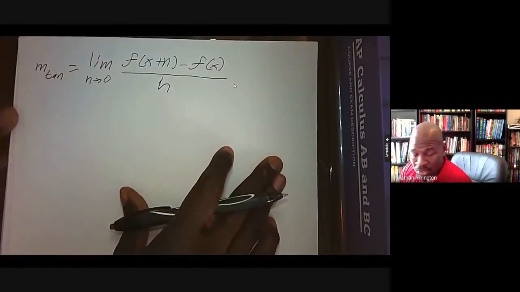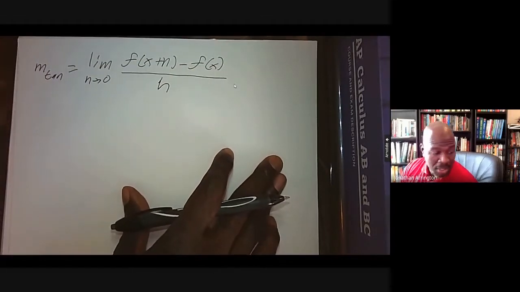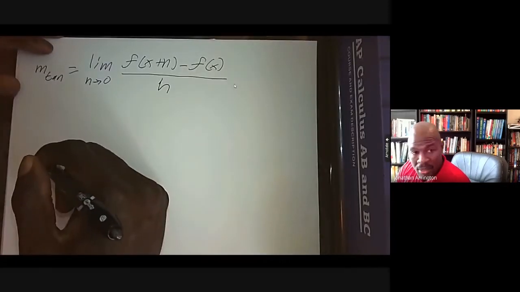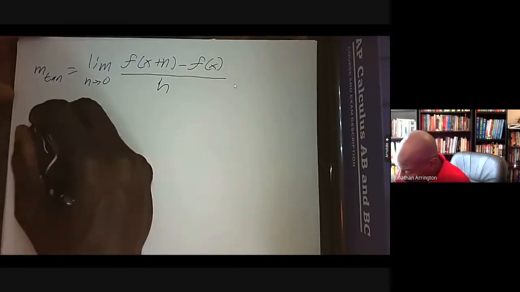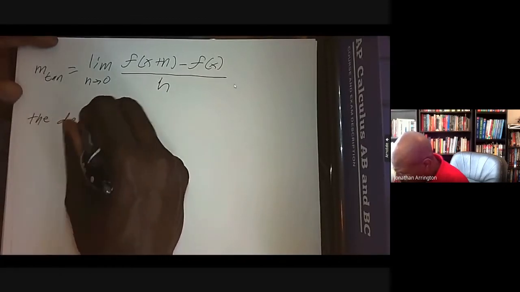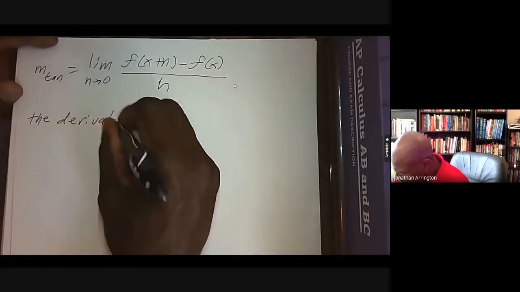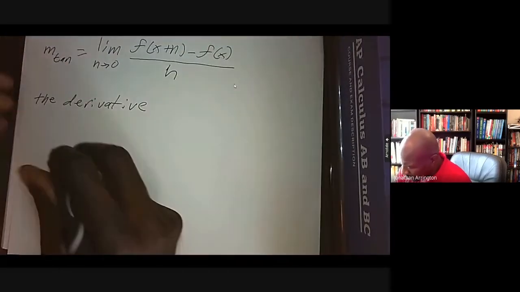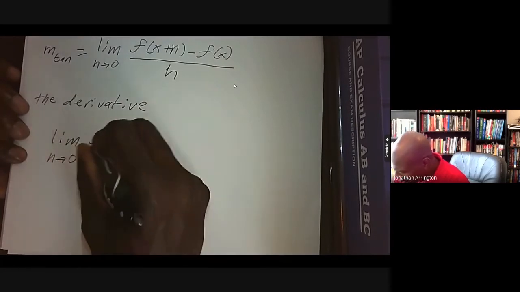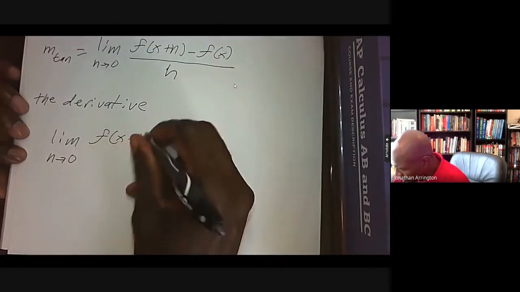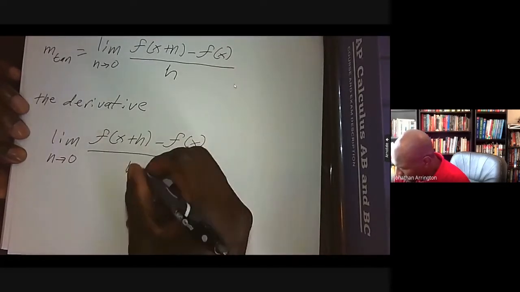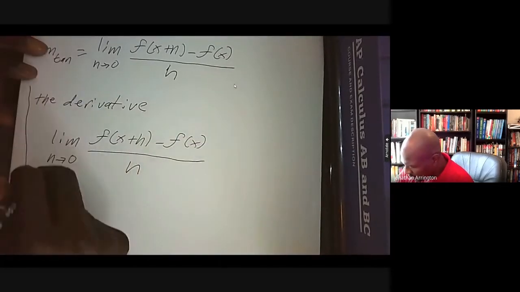And ladies and gentlemen, that was pretty quick, because guess what? The slope of the tangent line is what we call the derivative. So the derivative is the limit as h goes to 0 of f of x plus h minus f of x over h. There it is.